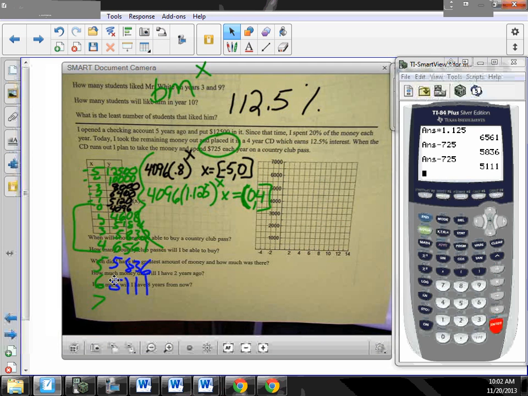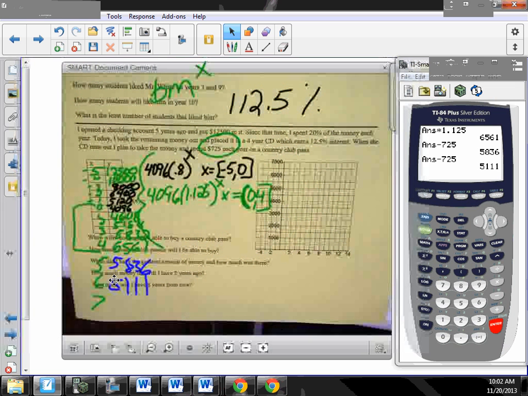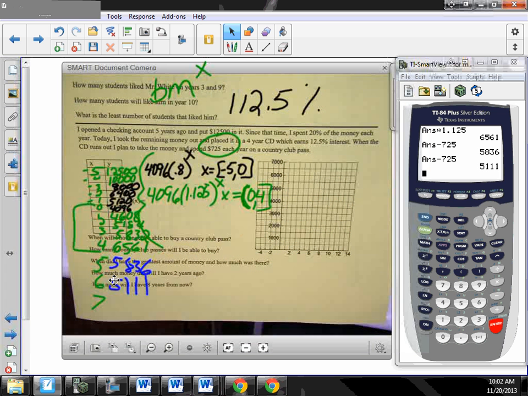How should I figure out the equation for this? Do I know year 0? What is it? It's not 4096. No, 6561 is year 4.